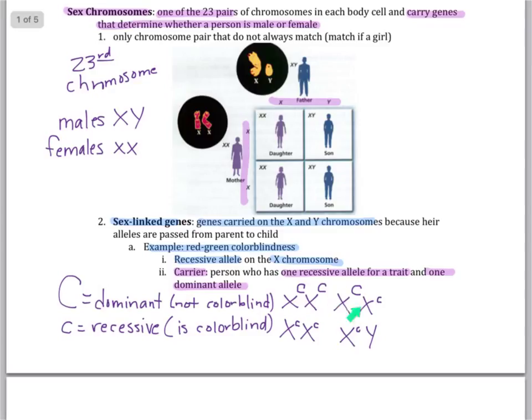This person here would be a carrier. And if this person, who's a male, has the one recessive allele for colorblindness, they will express it.